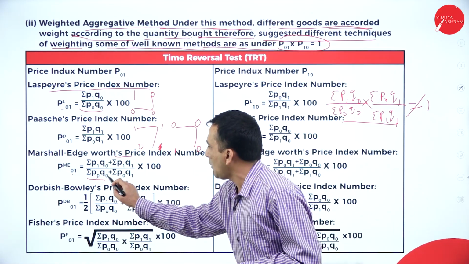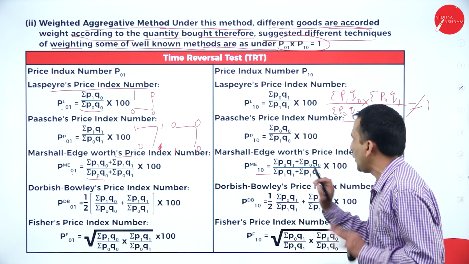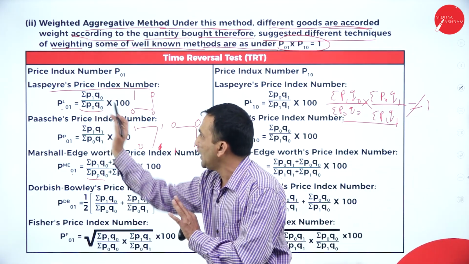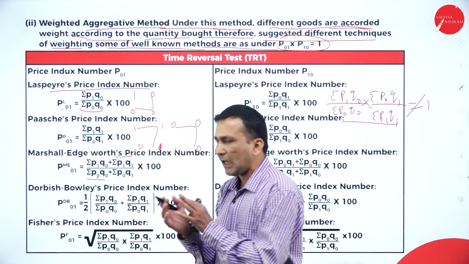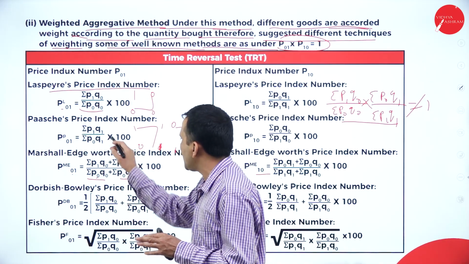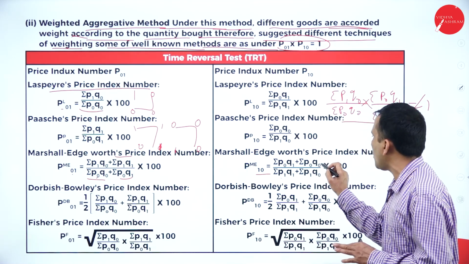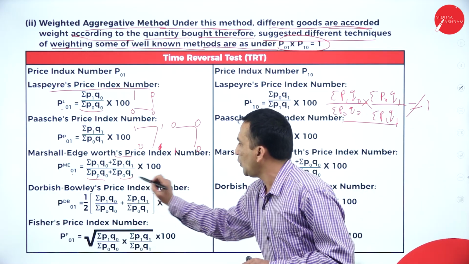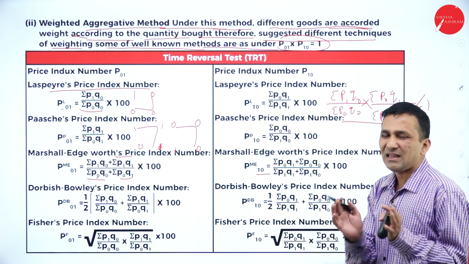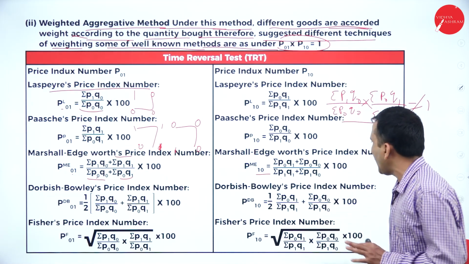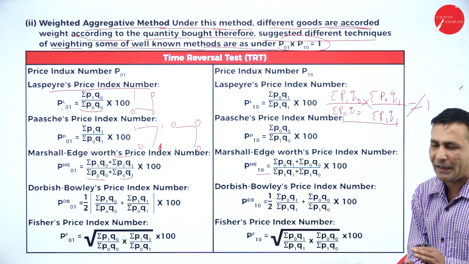Again P0 Q0, here P1 Q1, which is related to the Laplace. Now we are trying to do for combine and Paasche also we are considering. So here P1 and Q1 place we are writing P0 Q0 and P0 Q1, P1 Q0, the time is reverse. Now what we are trying to do, we are trying to do for combine.